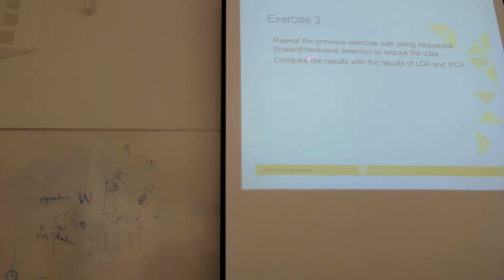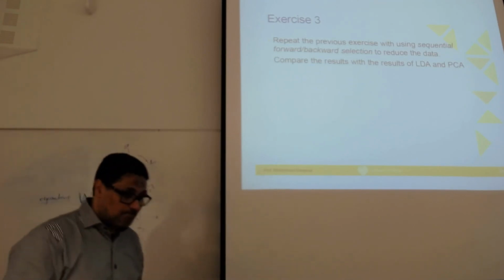And also repeat the previous exercise using sequential forward-backward selection to reduce the data, and then compare all the results together, to see which one was the more powerful method. You don't need to bring it to me, but if you work on it, you can also discuss the results with the instructor of this course, and of course you can take them as a topic for your course report, if you like.